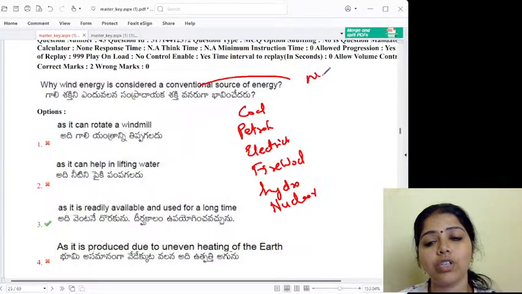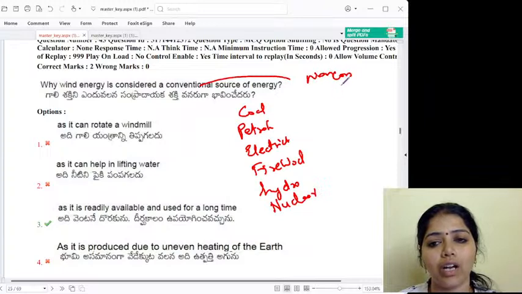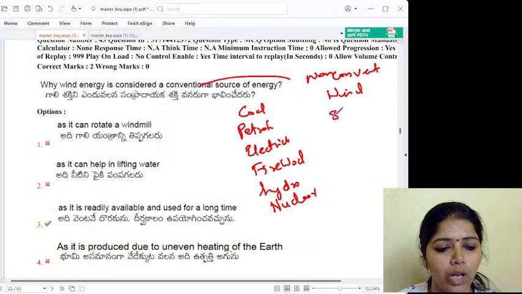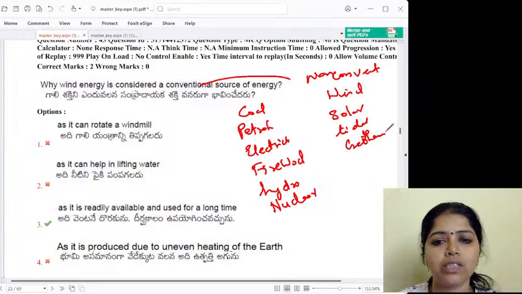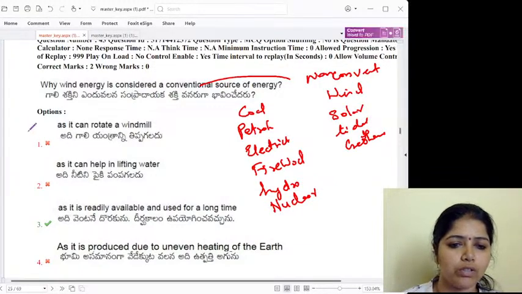The non-conventional sources come under wind energy, solar, tidal energy, geothermal, and all these things come under this non-conventional source of energy.